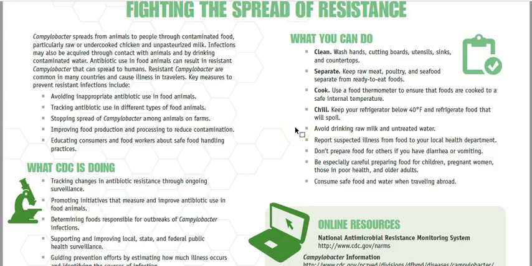Avoid drinking raw milk and untreated water. Report suspected illness from food to your local health department. Don't prepare food for others if you have diarrhea or vomiting. Be especially careful preparing food for children, pregnant women, those in poor health, and older adults. Consume safe food and water when traveling abroad.